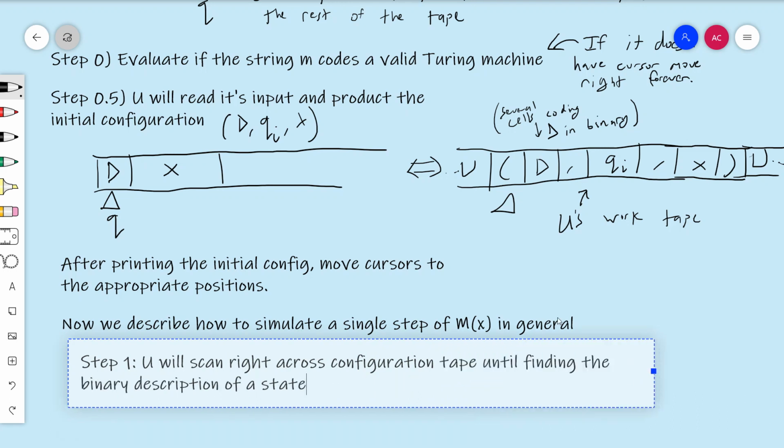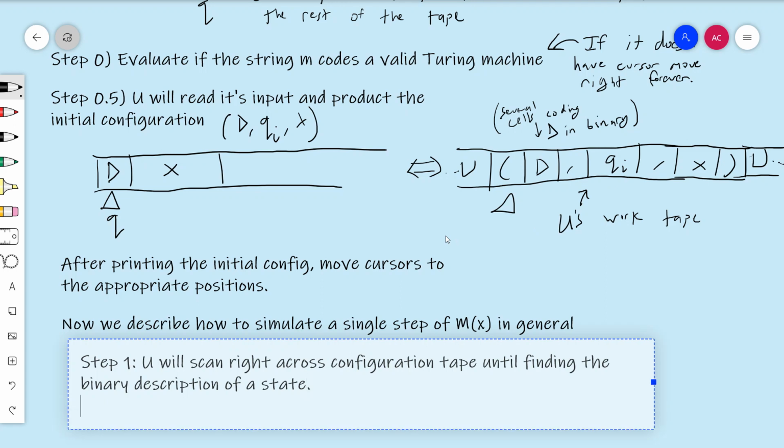So the cursor here is going to move right until it encounters this guy right here, the first state. It encounters a description of a state. I want to return to this step a little later, but that's what I'm going to do. That's all I'm going to say for now.